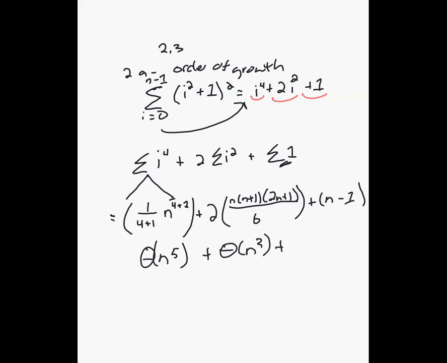The last one is going to be big theta of n. And when these are all together, we're just going to take the one that is the biggest, the one that takes the longest. And that's going to be our answer. So the answer to this one is big theta of n to the 5th power. So that's how that problem works.